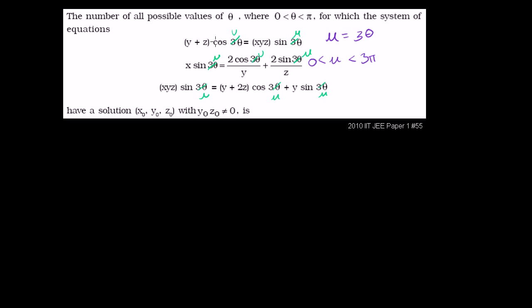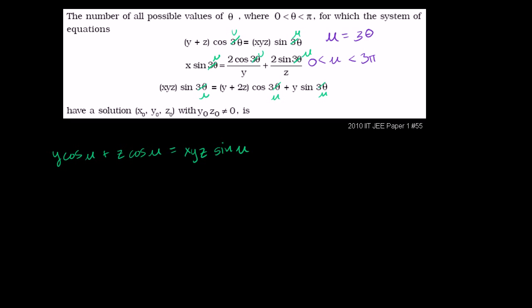So if we distribute the cosine of u, let me put the y out front. So it's y cosine of u plus z cosine of u is equal to xyz sine of u.